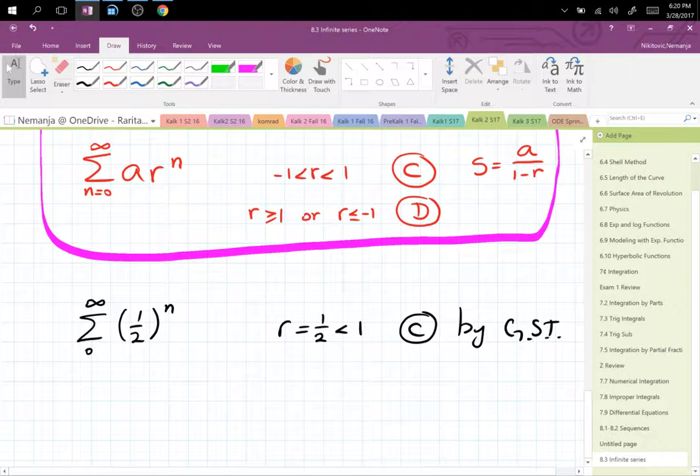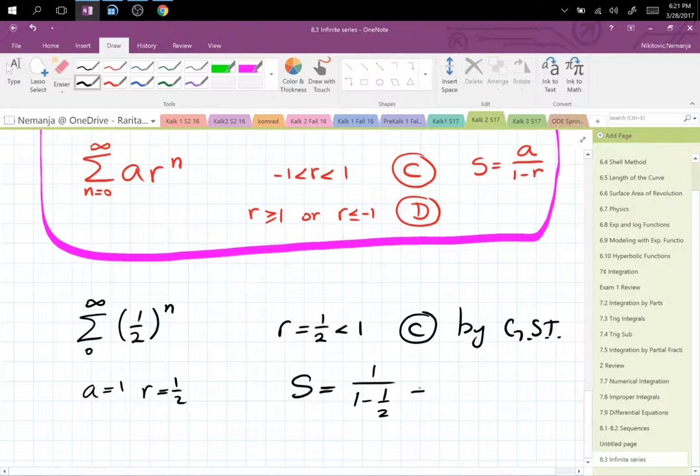Since I have convergence and this is a geometric series, I can calculate the sum. Now we see that a is actually 1 in front of 1/2 because 1/2 is r. So a is equal to 1, r is equal to 1/2, so the sum is equal to 1 over 1 minus 1/2, which is clearly 2.